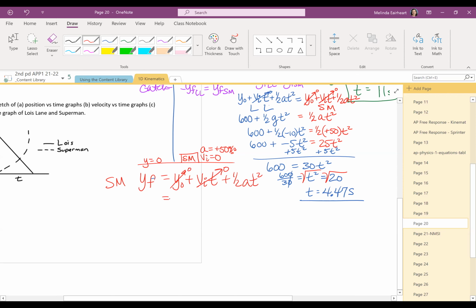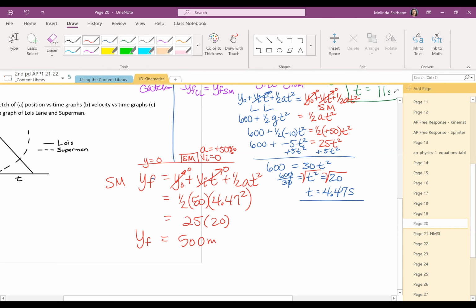And so it's 1/2 of 50 times that 4.47 squared. So if we hadn't square rooted, it'd be 25 times 20, which is 500. So of that 600-meter tall building, this is close to the top.